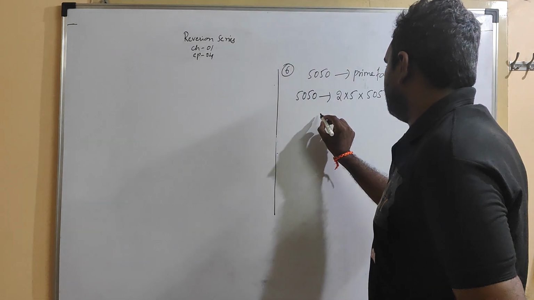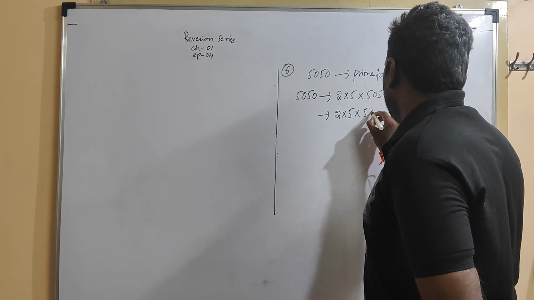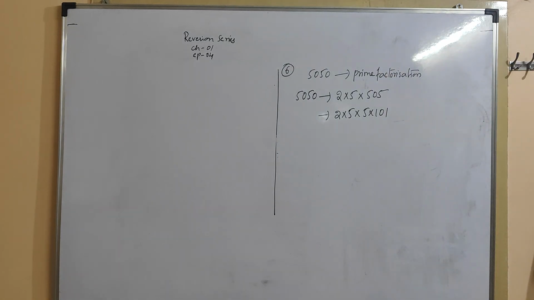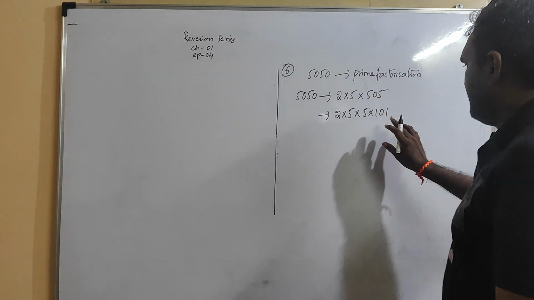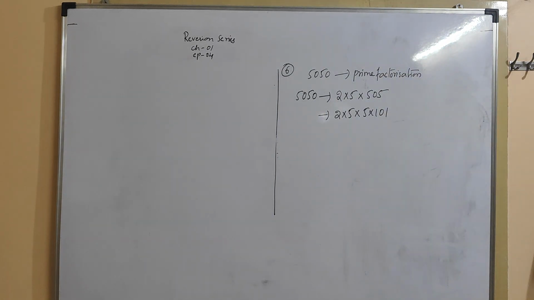Again 505 is there. That will be going in 5 table. So 5 into 101. See, palindrome numbers are there means it will be divisible by 11, but here in 101, 0 is there in the middle, so you have to check whether it is divisible by 11 or not.